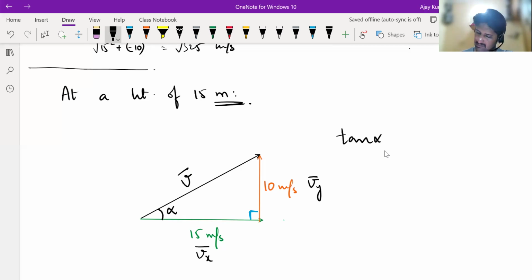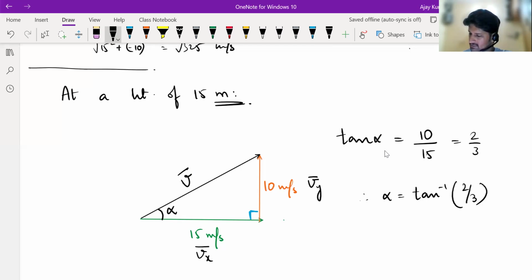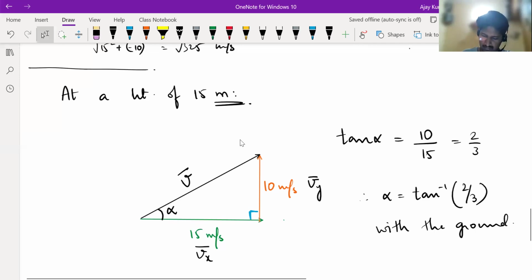So tan alpha, the opposite side is 10 units long. The adjacent side is 15 units long. So this becomes 2 divided by 3. Therefore, you can express the angle alpha as tan inverse of 2 by 3 with the x-axis or with the ground. In fact, this situation is during ascent, right?